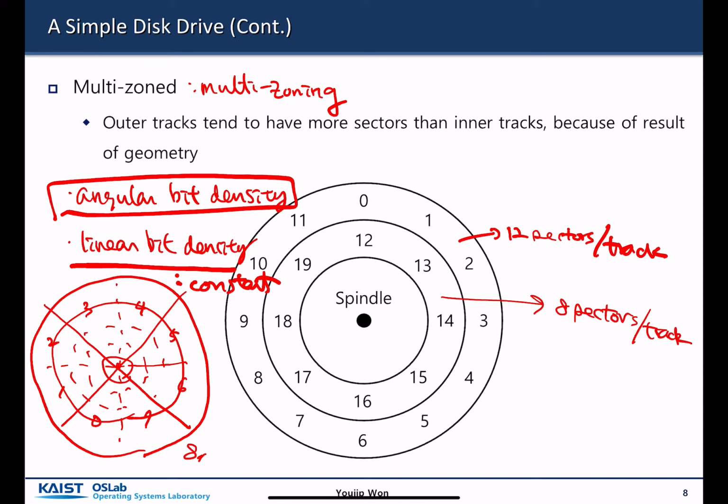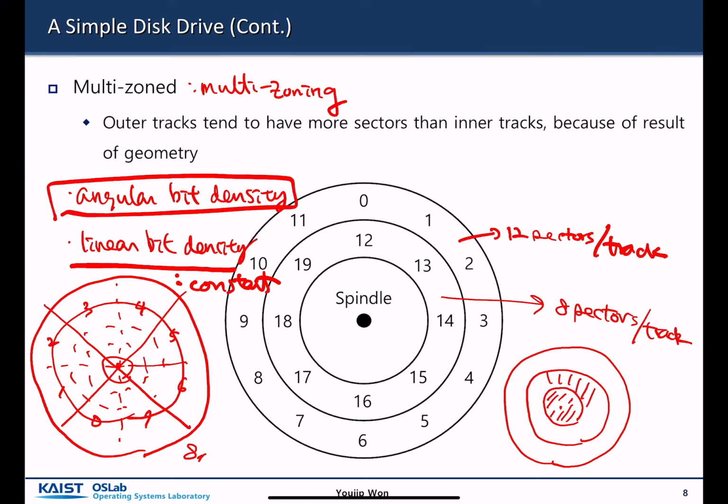So, in multi-zoning, the hard disk controller partitions a set of tracks into a number of zones. For example, this is the innermost zone, which consists of hundreds of tracks. And then this is another zone, which consists of another thousands of tracks. And this is the outermost zone, and it consists of another thousands of tracks.